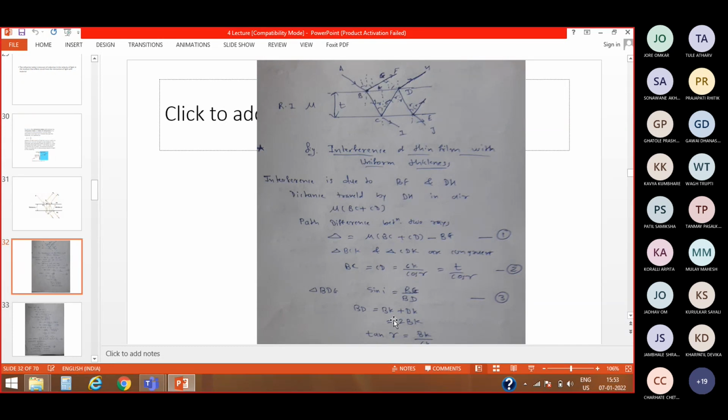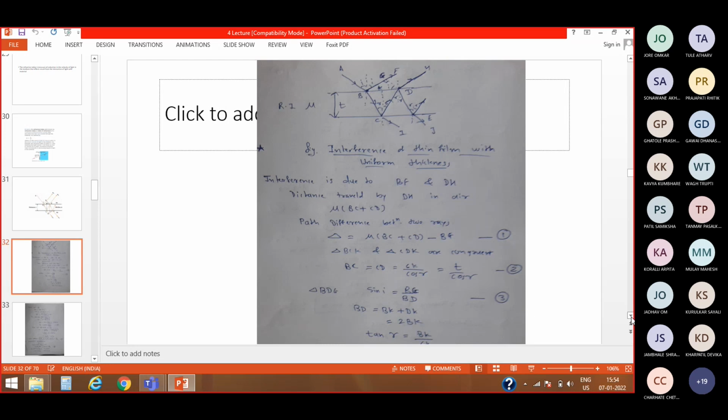So I write BD is equal to what? The distance between B and D, and K is in the middle. So both the distances are equal. So BK is equal to KD. BD is equal to BK plus DK, and since both are equal, I can write 2 times BK.